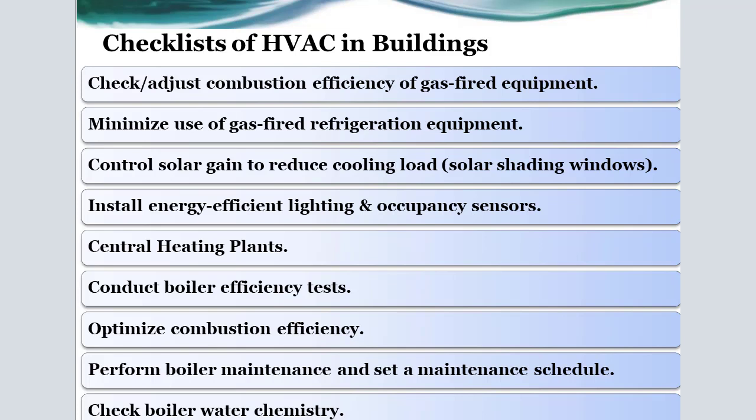This is done by solar shading of windows in order to reduce the solar gain, and may also include installation of energy efficient lighting and occupancy sensors, and using central heating plants, conducting boiler efficiency tests, and optimizing the combustion efficiency of the boilers. Also perform maintenance and set a maintenance schedule.